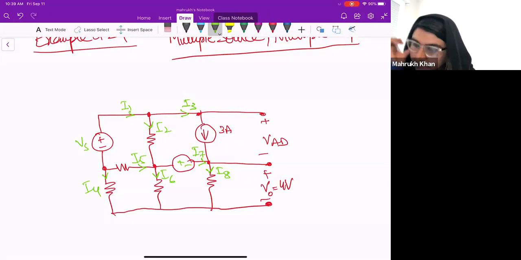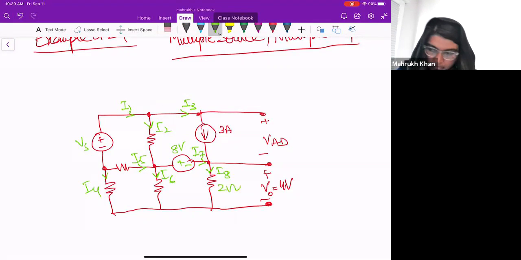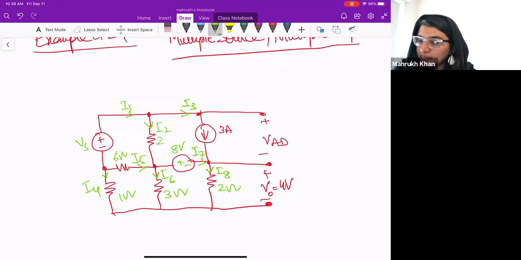So this is 8 volts here. This is 2 ohms here. 3 ohms. 1 ohm. 6 ohm. And 2 ohms here.